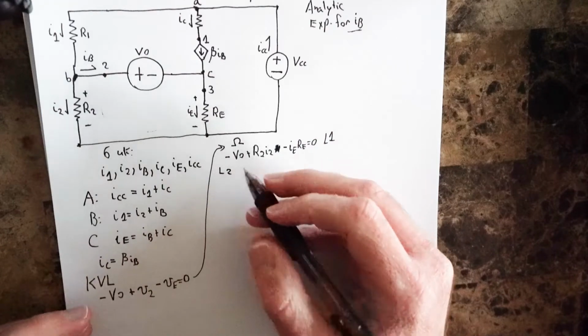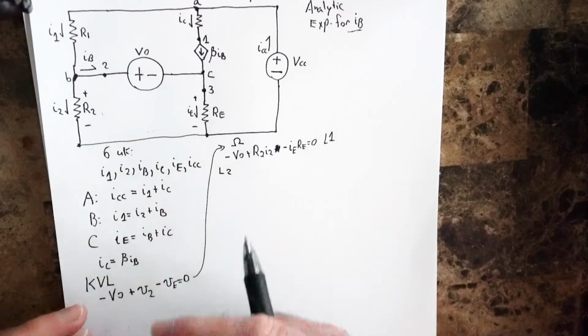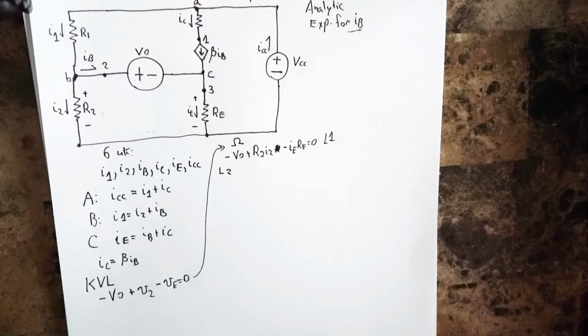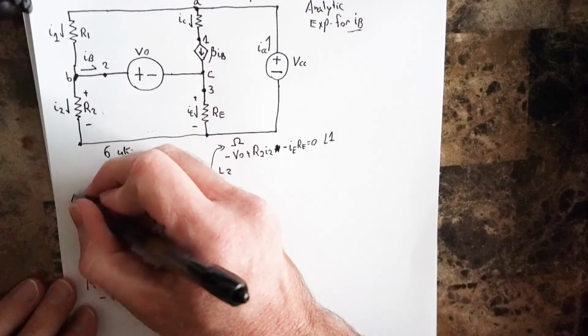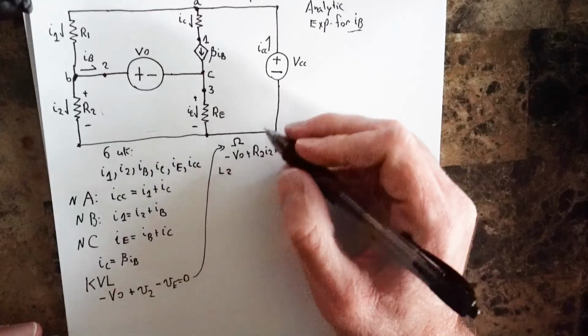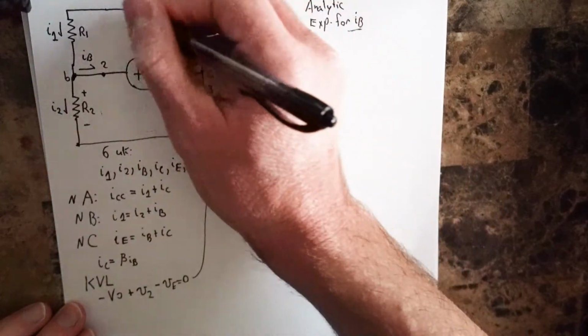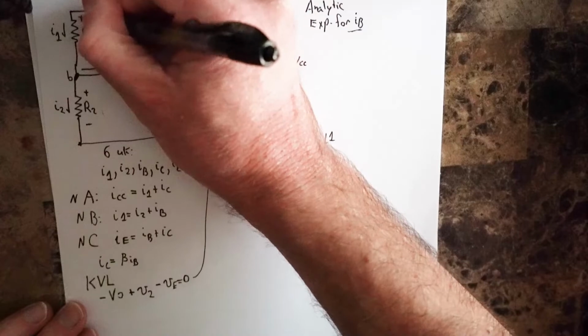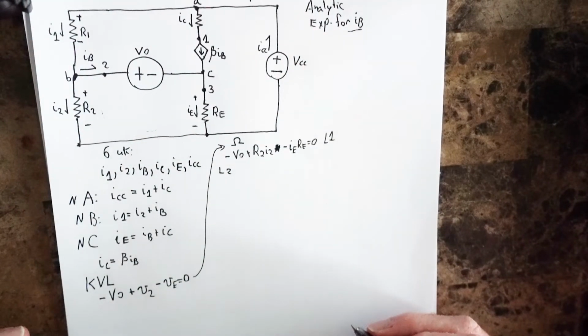So loop 2. It sometimes helps if you take notes when you get to more complicated circuits like this, like what loops or what equations belong to what. So this will be node A, node B, node C. So loop 2, starting at this source here, we'll just move around the circuit. Go ahead and label our resistor there.